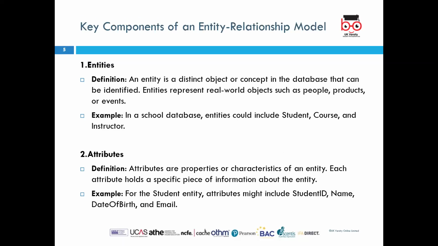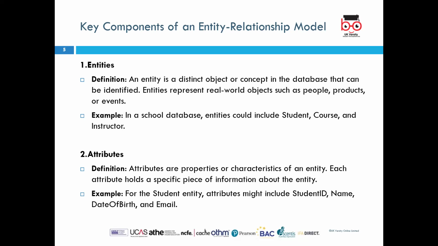So what is an entity? Basically, an entity can be seen as an individual, such as, for example, a person. A person could be an entity. As the definition says, an entity can be a distinct object or concept in a database which can be identified.